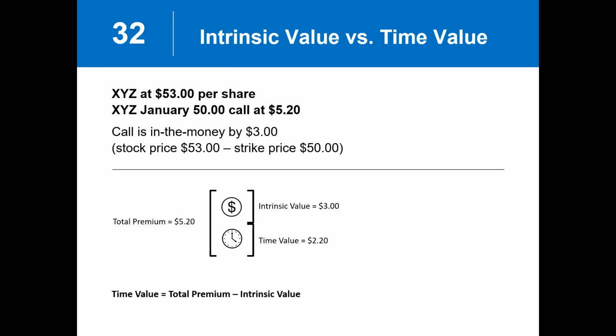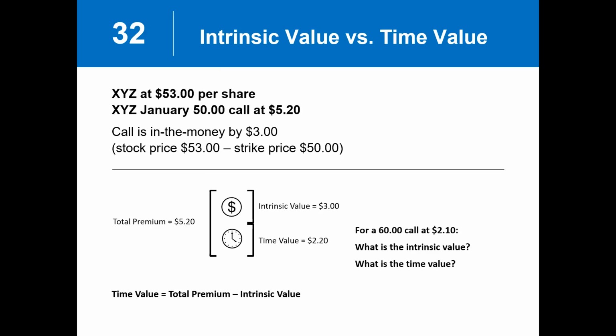All right. So again, this is an example where we had some in the money value or intrinsic value. The 50 call with the stock at 53 has a $3 intrinsic value, total value $5.20. So you've got an additional $2.20 in time value. How about, okay, again, stock's $53 here. What about the 60 call? Is that 60 call going to be in or out of the money? Well, it's the right to buy stock at 60 with the stock at 53.